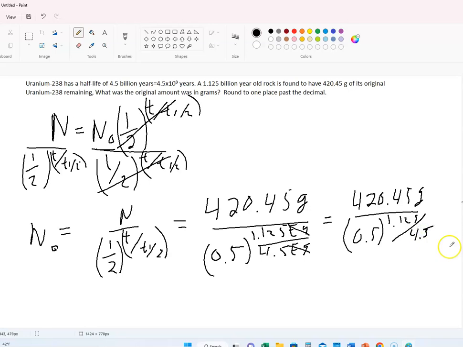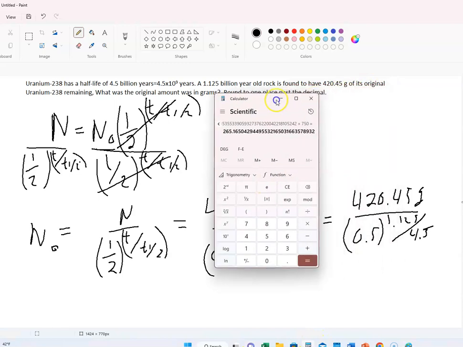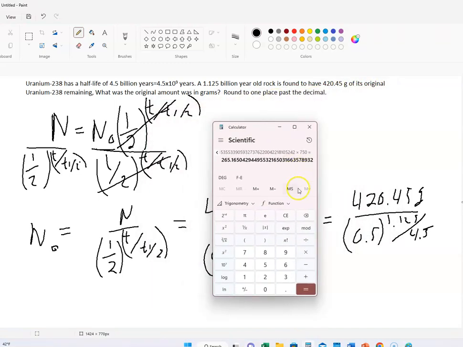All right, let me get my calculator out and we'll set this up. We're doing this problem right here. We have to do 1.125 divided by 4.5.